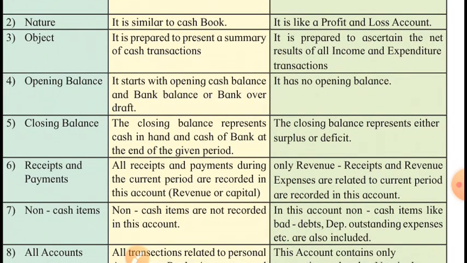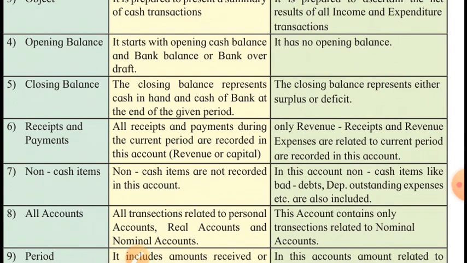The object behind preparation of receipt and payment account is to present a summary of cash transactions, and income and expenditure account is prepared to ascertain the net result of income and expenditure transactions. That means, in order to know the surplus or deficit, we prepare the income and expenditure account.